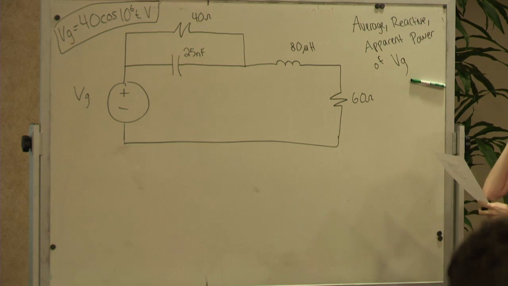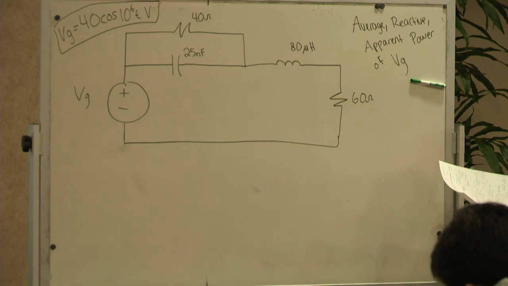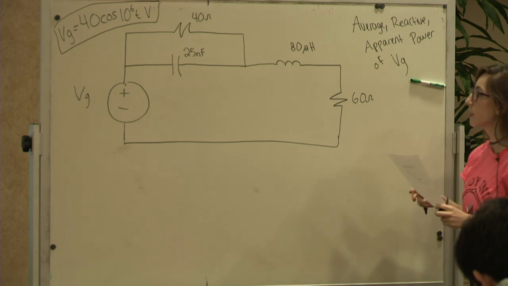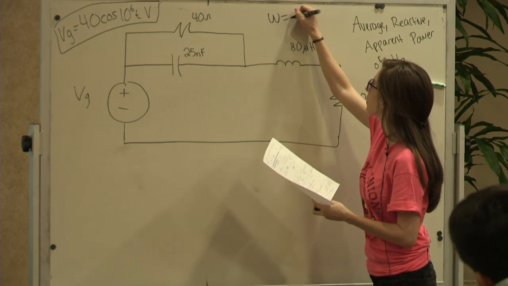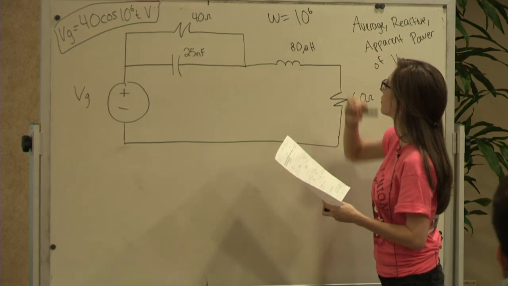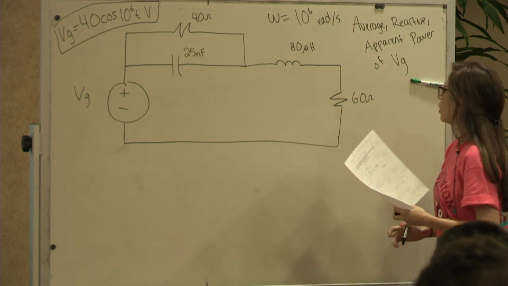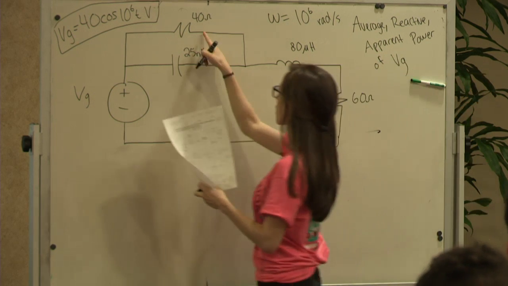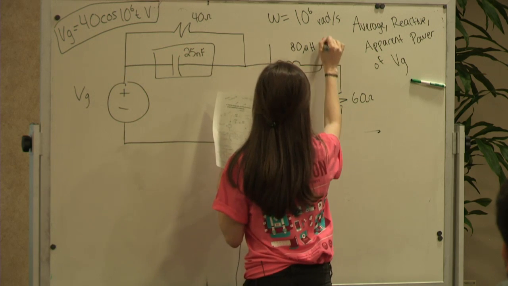So notice this time things are not converted for us. Everything right now is in the time frequency domain. And what's our frequency here? 10 to the 6th, and that's radians per second. So now we want to convert all these. This one's already in Z. You want to get this and this.